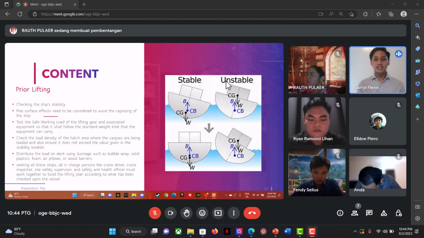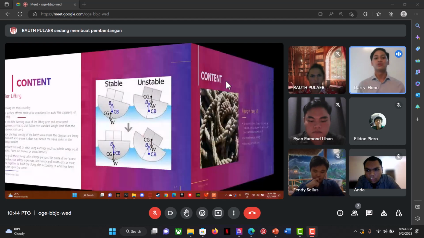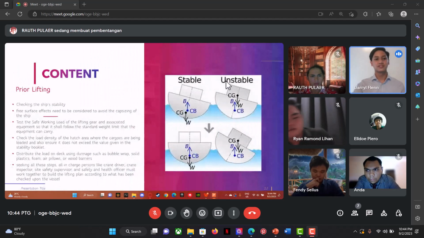So last but not least is applying dunnage to cargoes such as bubble wraps, foams, and also it is to ensure the cargo inside the load doesn't get damaged. And lastly is the report damage to the relevant parties such as terminal staff and shipping agent about any damage or issue related to the cargo of the customer. Once every step is followed and taken, the lifting supervisor should be able to build a lifting plan according to what is safe during the lifting operation.